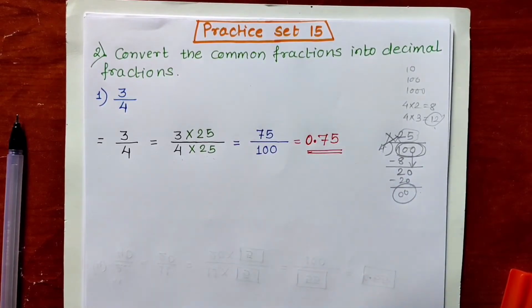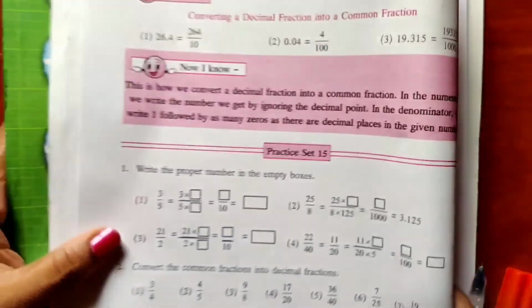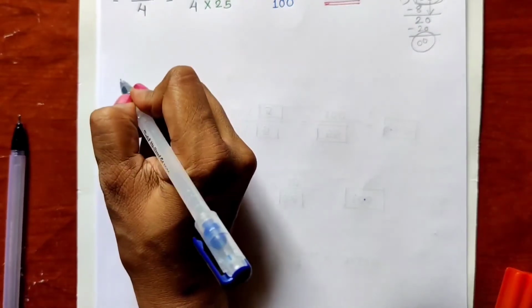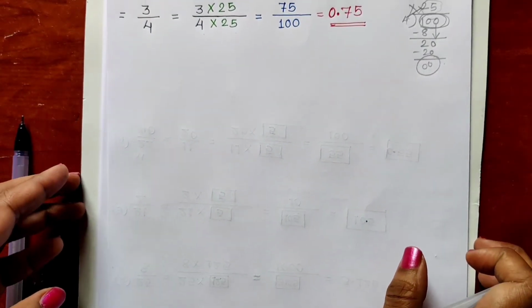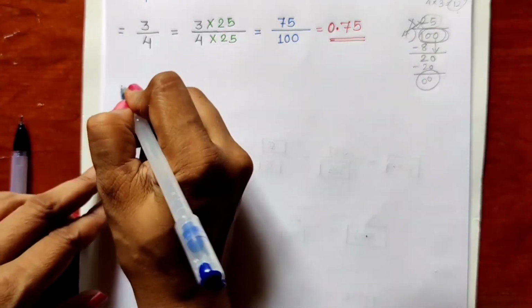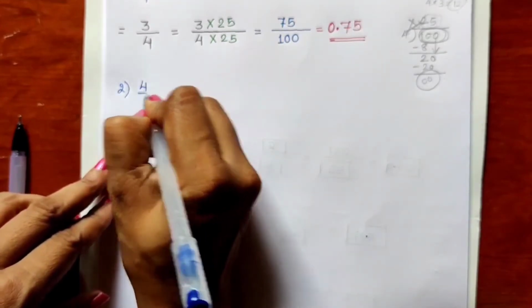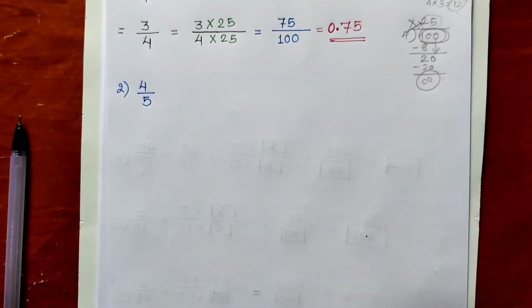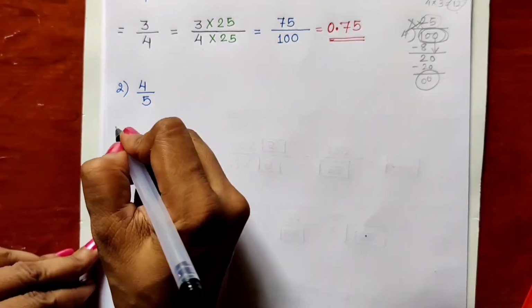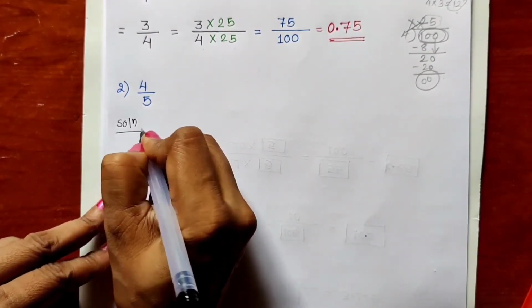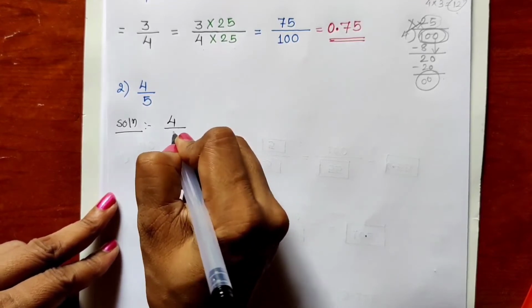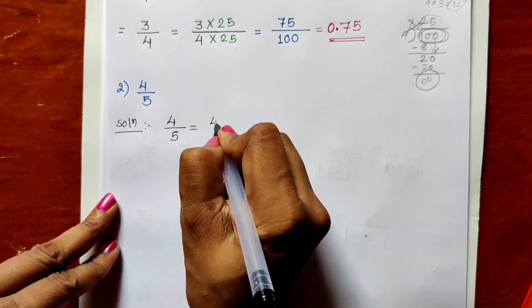Now let us see what the second number is. Second number is 4 upon 5. I will be writing here. Second is 4 upon 5. So let us solve this. In the solution, we write the number 4 upon 5.